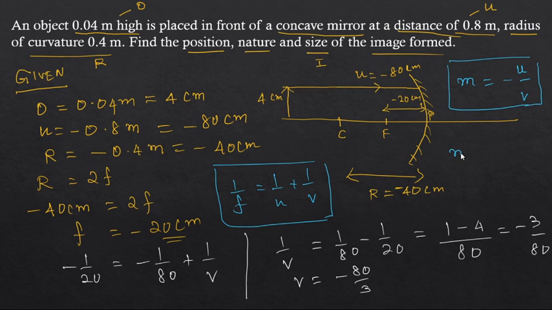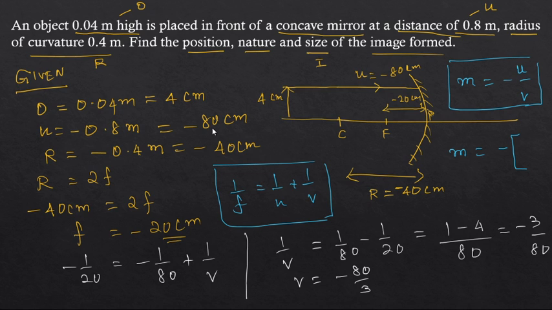So this is the magnification formula where you can apply. So m is equal to minus, what is u here? Where we have found out u? Yeah, u is here, that is minus 80, is it not? That is u.